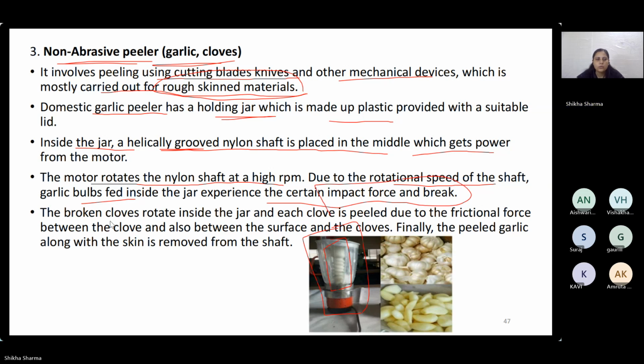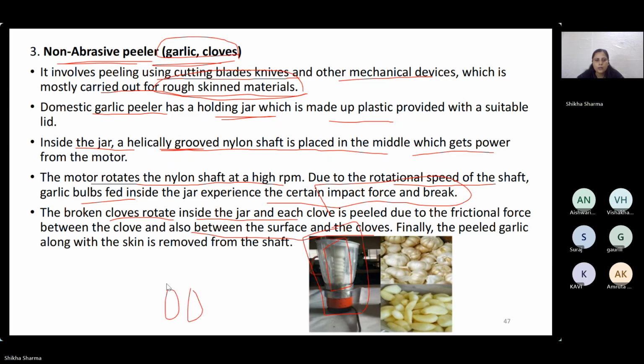So the broken cloves, this is garlic cloves is one sentence, one complete, this is not a comma. So between the cloves and also between the surface and the cloves, there will be like two garlic cloves.